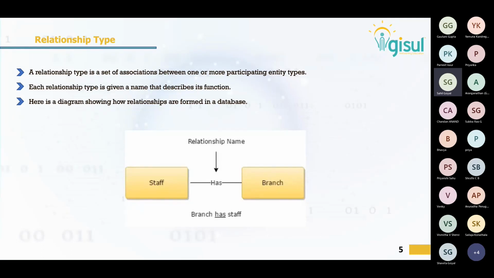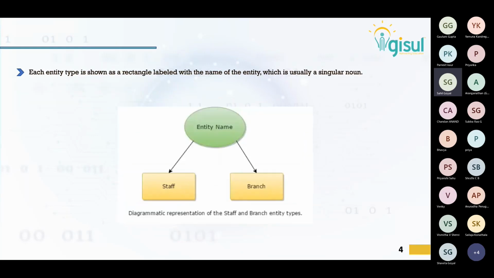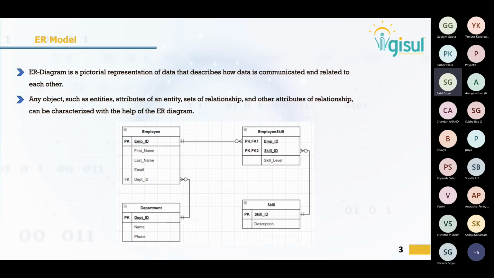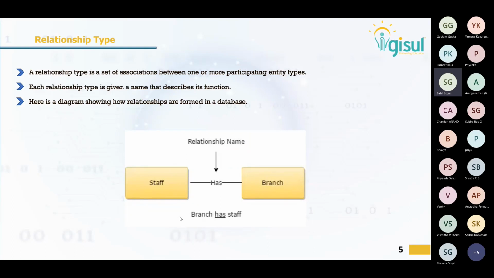Here is a diagram showing how relationships are formed in a database. One thing to understand: we are saying that each employee is going to link to a department. So we can say that employee has a department, right? This particular relationship, how it goes from employee to the department, is what the relationship type is describing.